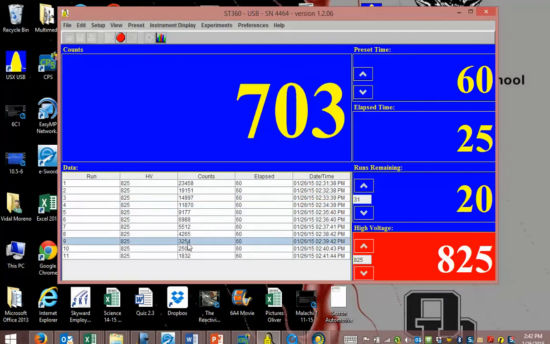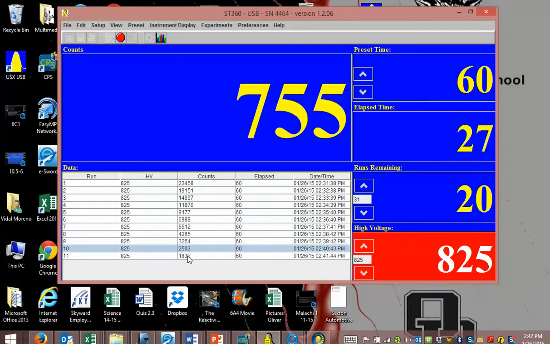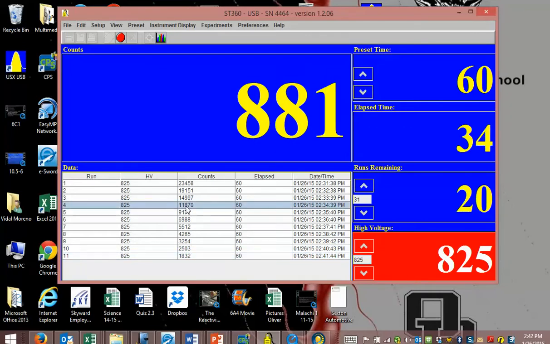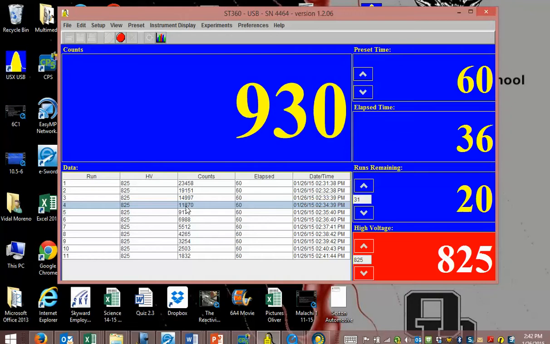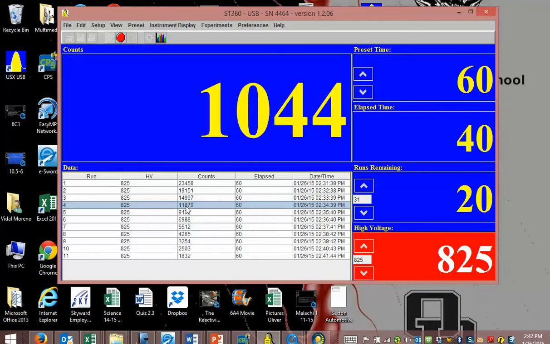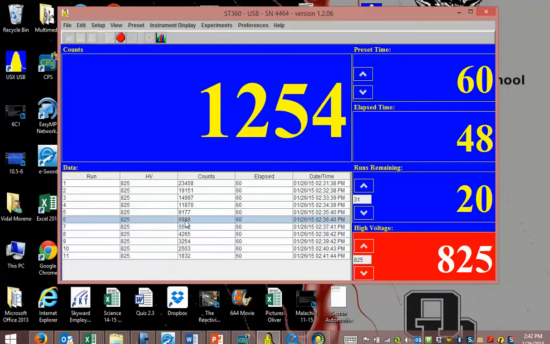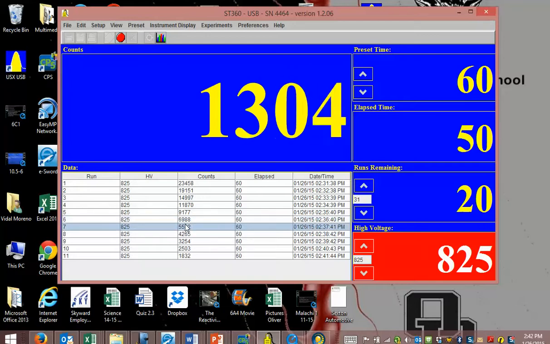Did we do 3254? Yeah. 2503? 1832? All right, let's take another one. Let's see, we were here, 11,870 divided by 2. 5,935. So, it's between the second and third minute, which is right, because the actual half-life is 2.55 minutes.